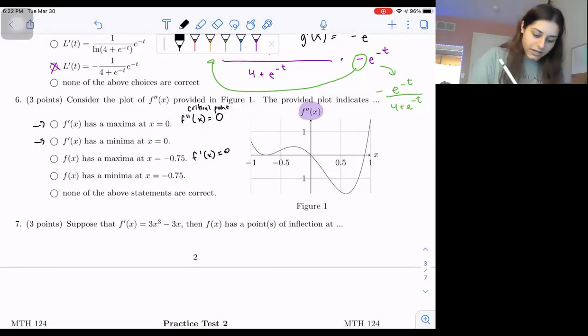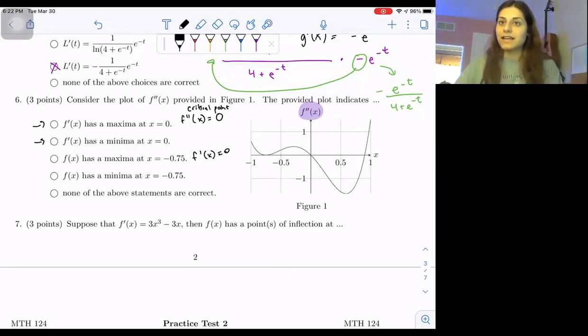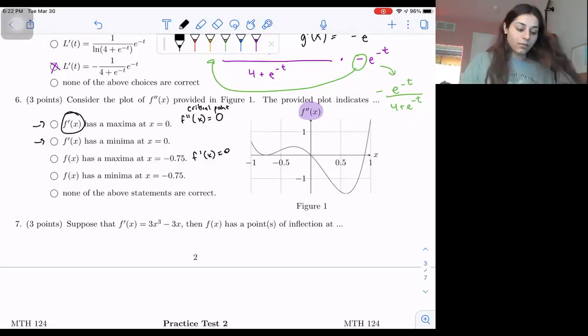If we're checking out the second derivative, we're thinking of the second derivative as the first derivative, right? We're thinking that the first derivative is our original function. Therefore, this graph they're giving us is like the first derivative of our original function, so we can think of it like the slope of our first derivative.